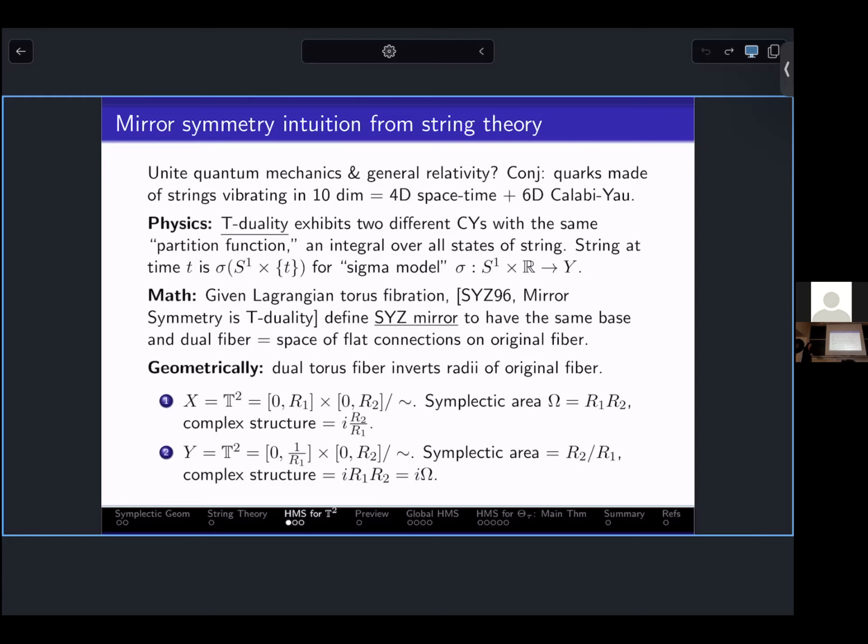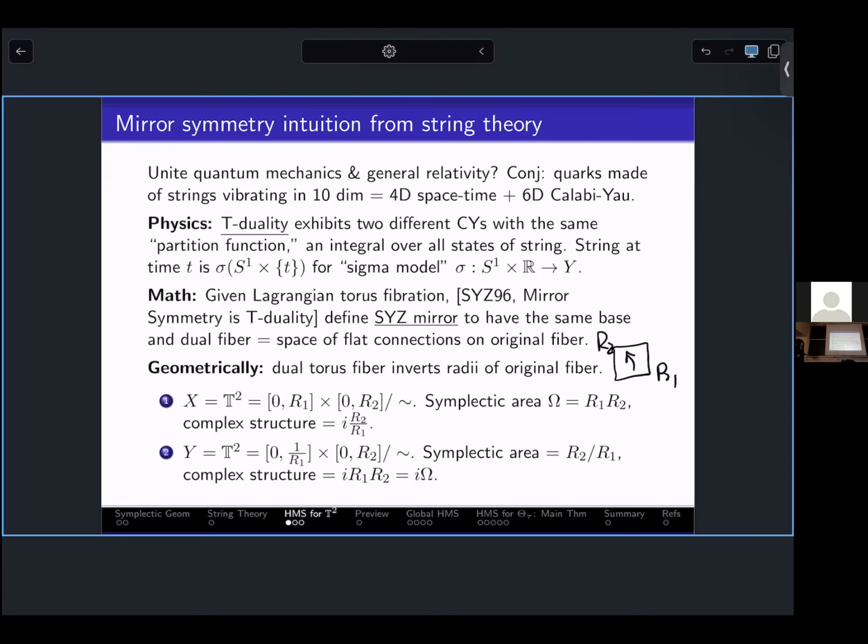So if you have length R1, R2, then the number you have to multiply by to get from length R1 to R2 is R2 divided by R1. And if you take the T-dual, so you invert this fiber here, now the symplectic area is R2 divided by R1 multiplying these 2.